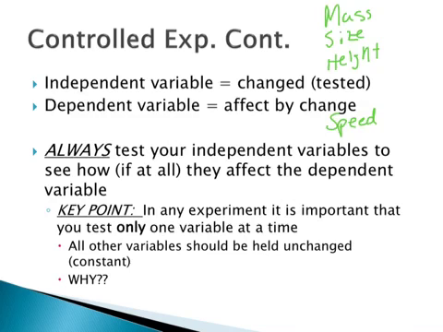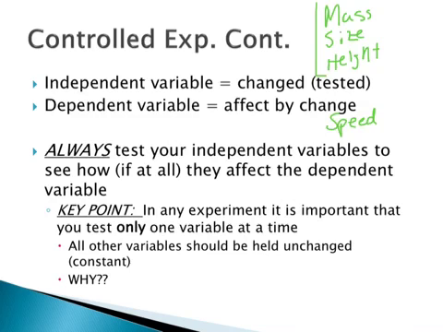Now notice here there's one thing. Okay, and this is a very important part of a controlled experiment. I have 3 independent variables. Okay, that means I have 3 things that I can test. Now, what I want to do with the independent variables, and this is a key thing, is that in any experiment you can only test 1 independent variable at a time.